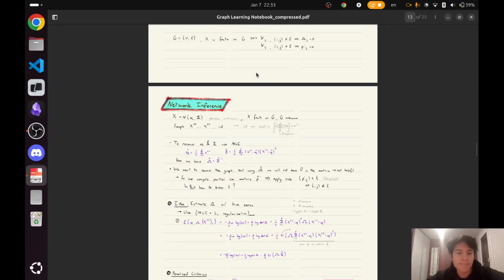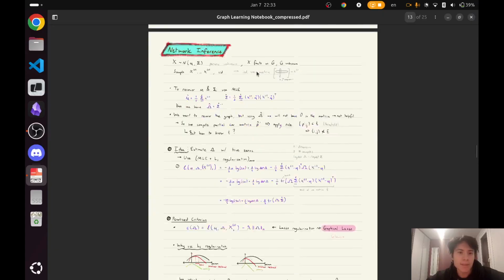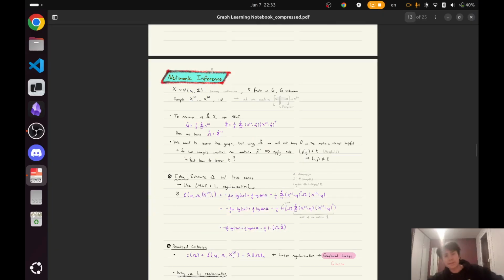and spectral clustering, I believe, and network inference. Network inference is basically, we see some output, and we are trying to understand the relationship of some variables, how they relate to one another to produce the output.